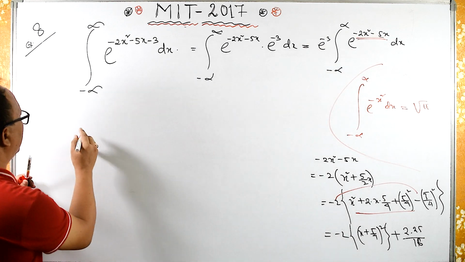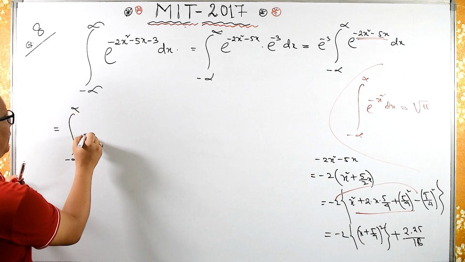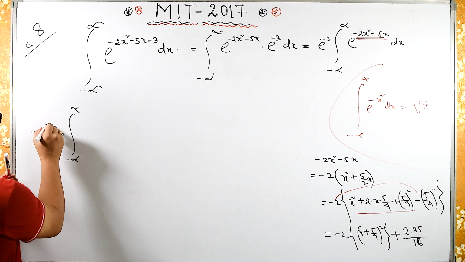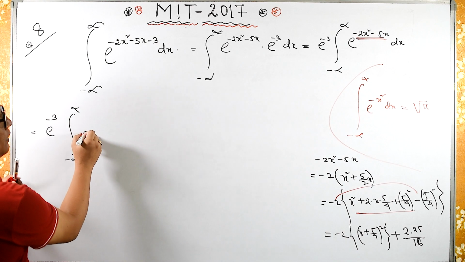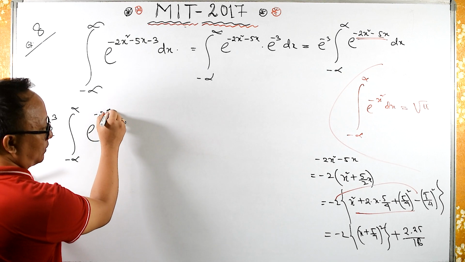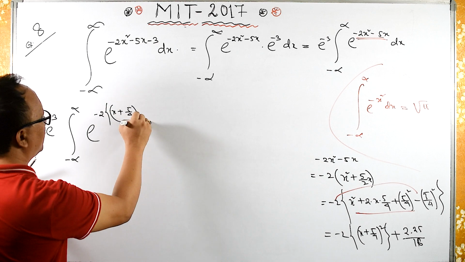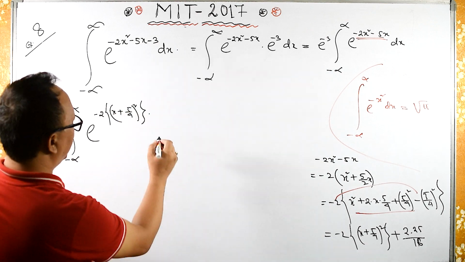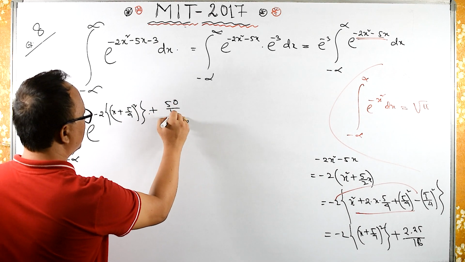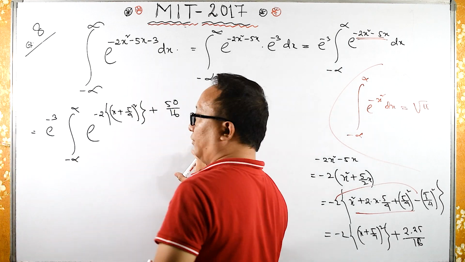Therefore it is equal to the integral from minus infinity to infinity of e raised to minus 3, e raised to minus 2 times x plus 5 by 4 whole square plus 50 upon 16, dx.